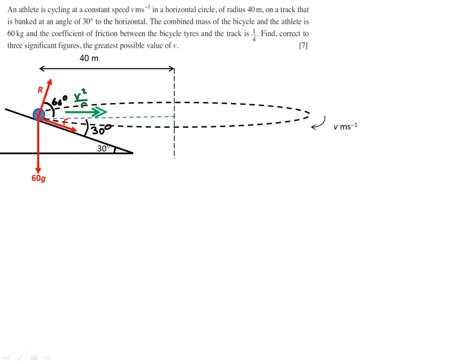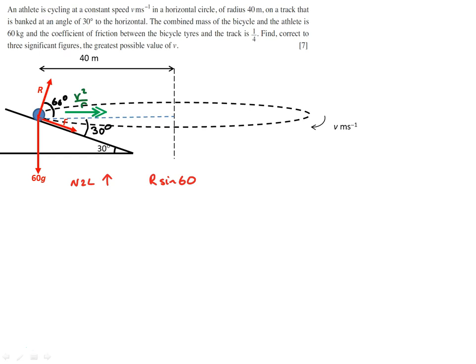So we can now start to apply Newton's second law, and in the first case we'll apply Newton's second law vertically. We've got the vertical component of R, which is R sine 60 upwards. We've also got a vertical component of F, which is going to be F sine 30 downwards.